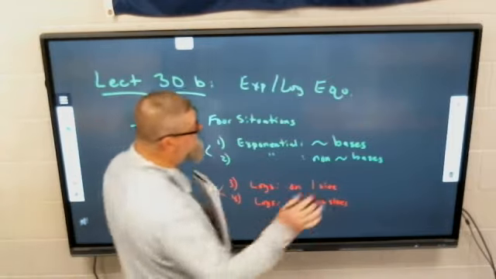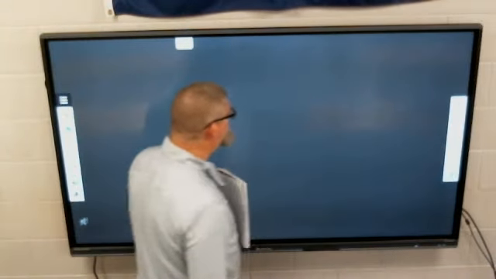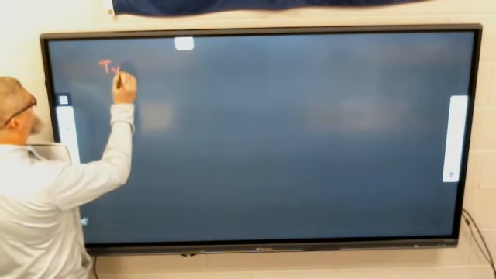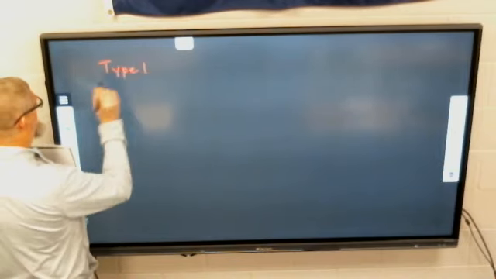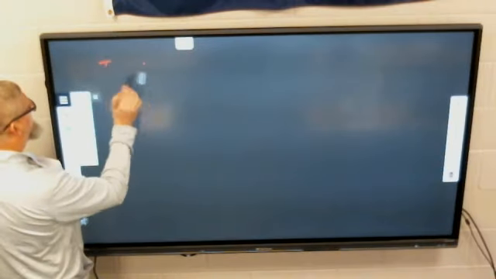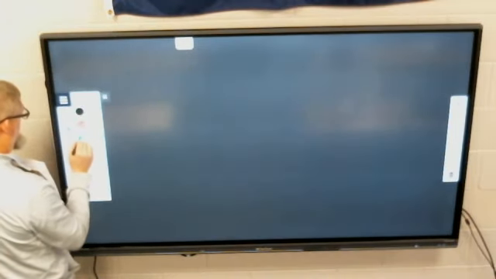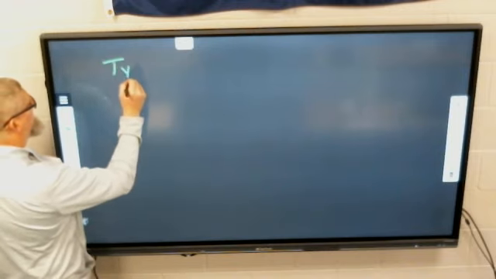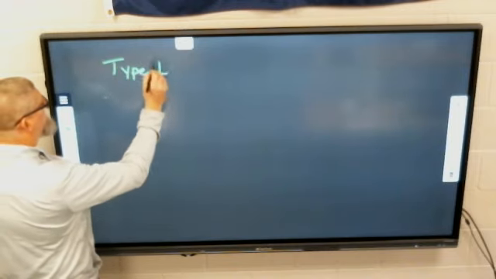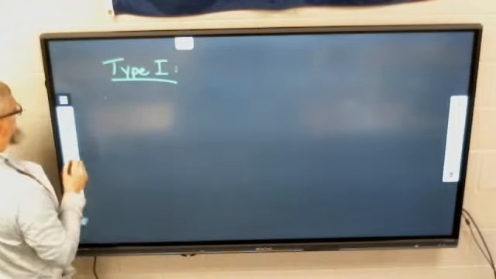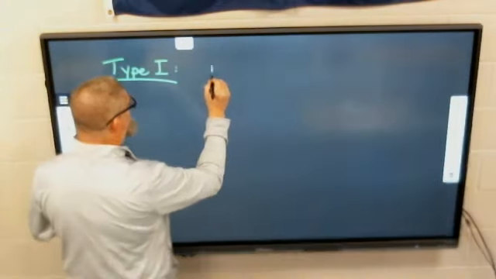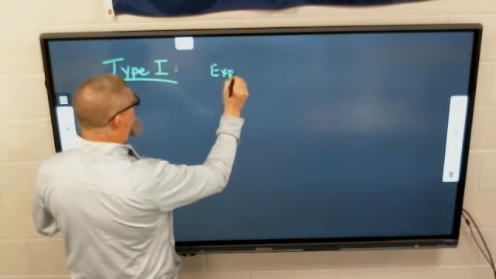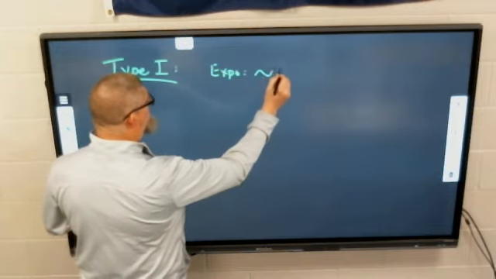Page 2. All right, type 1. So we're looking at exponential with similar bases.